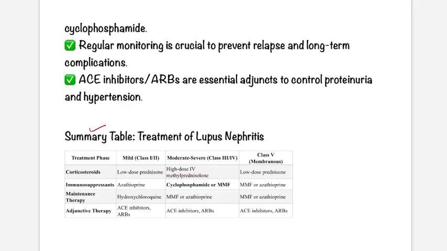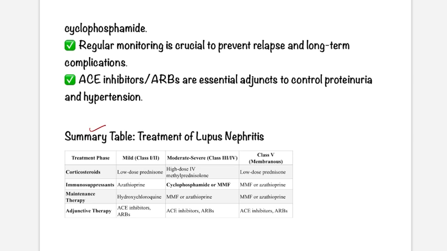Immunosuppressants: azathioprine in mild cases, cyclophosphamide and MMF in moderate or severe cases. Maintenance therapy: we can use hydroxychloroquine in mild cases, MMF or azathioprine in moderate and severe. And as adjunctive therapy, we can use ACE inhibitors and ARBs.